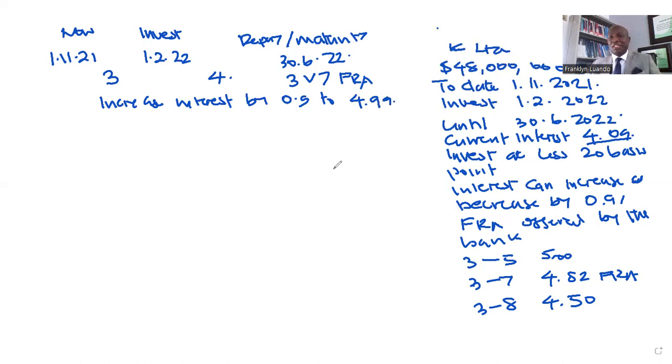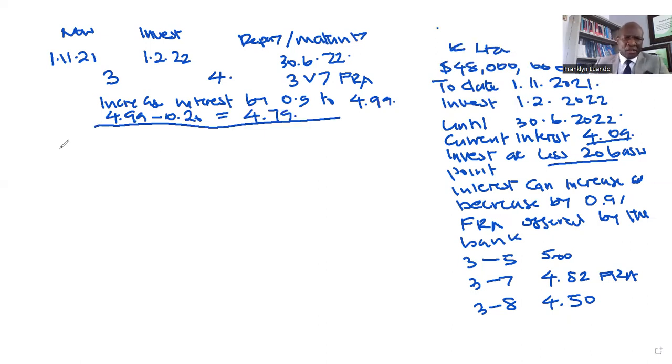But we are told that K Limited can invest at less 20 basis points. 20 basis points should be equal to 20 divided by 100. So they can invest at 4.99 less 0.2. So they can invest at 4.79.